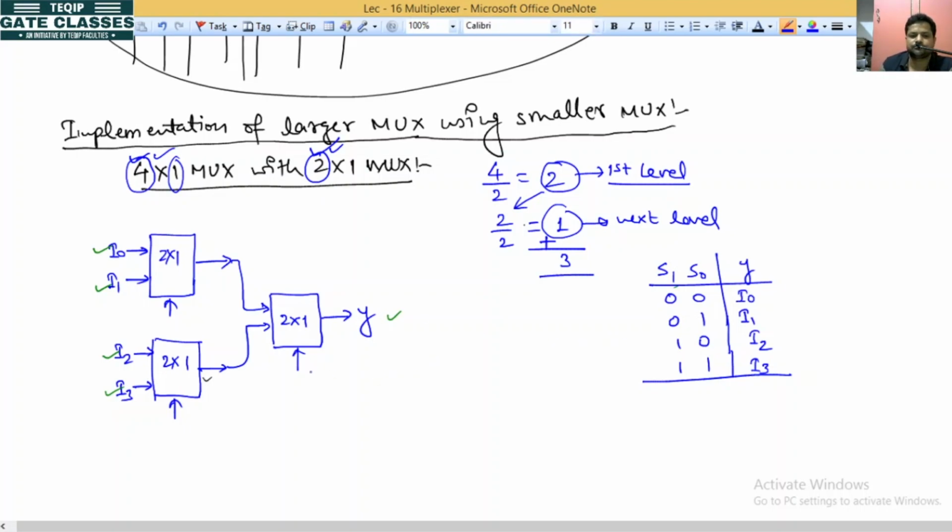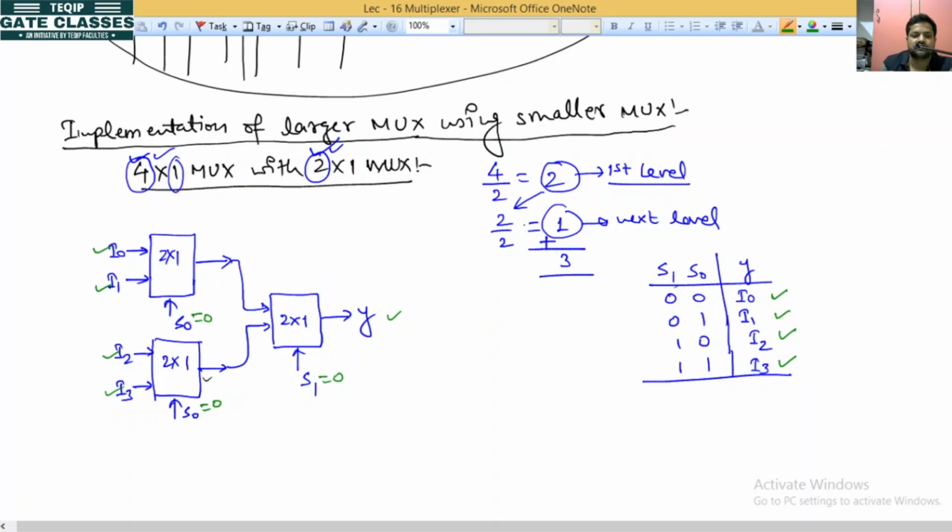Okay, now let's do some calculation here. If we put S0 in the first level and S1 in the second level, then for each value of S1 S0, all of these are satisfied as in a 4x1 mux. Suppose S0 is 0 in the first level and S1 is 0, so both are 0.